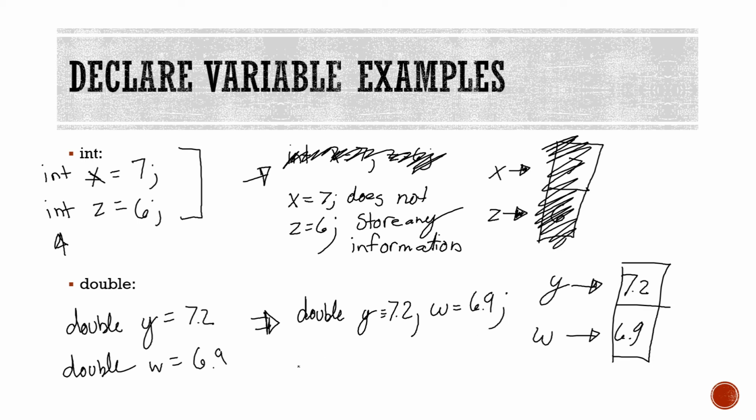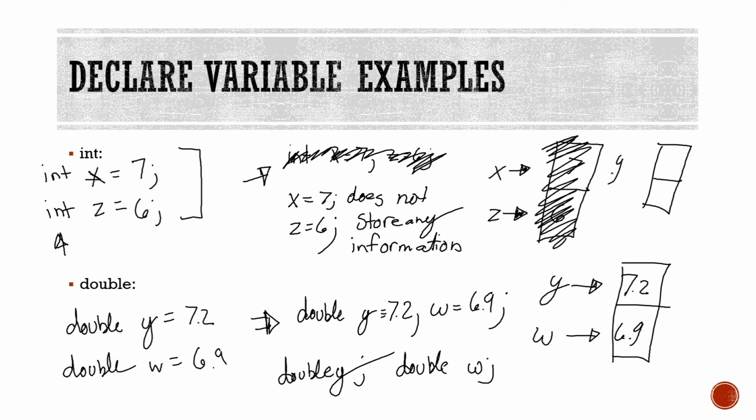There are also times where I can just write double y and just stop it with a semicolon. Or I can do double w, stop it with a semicolon. So what does this do? This allocates space in memory.